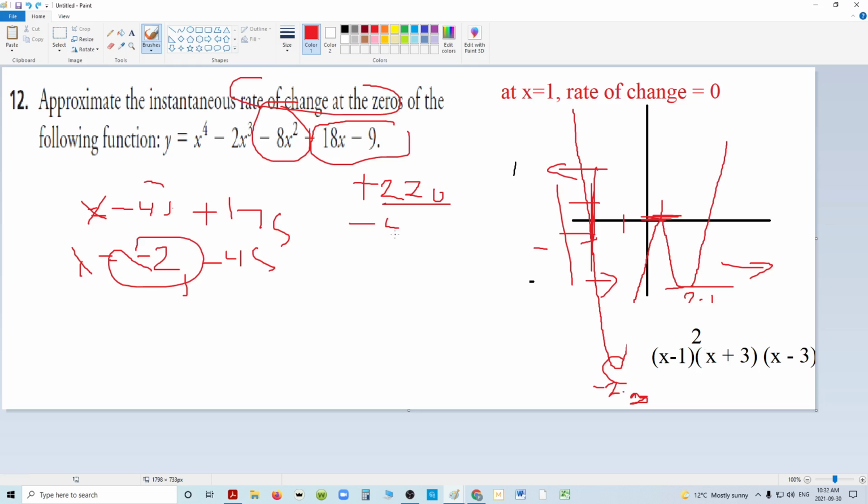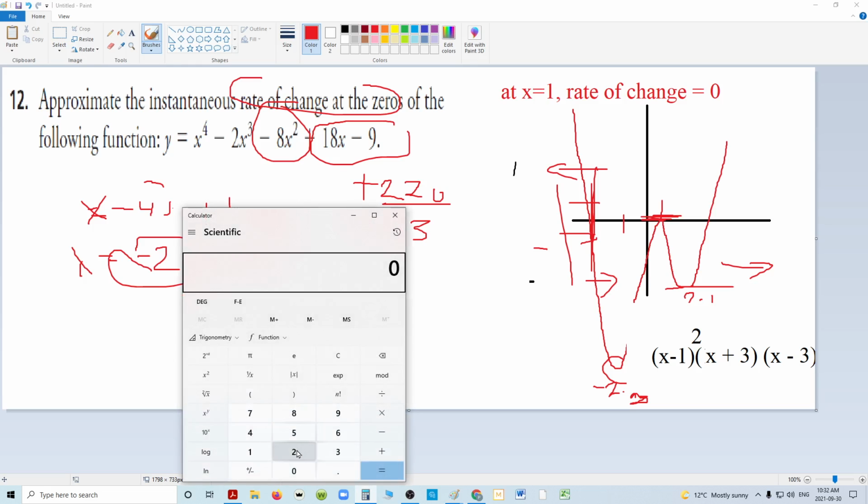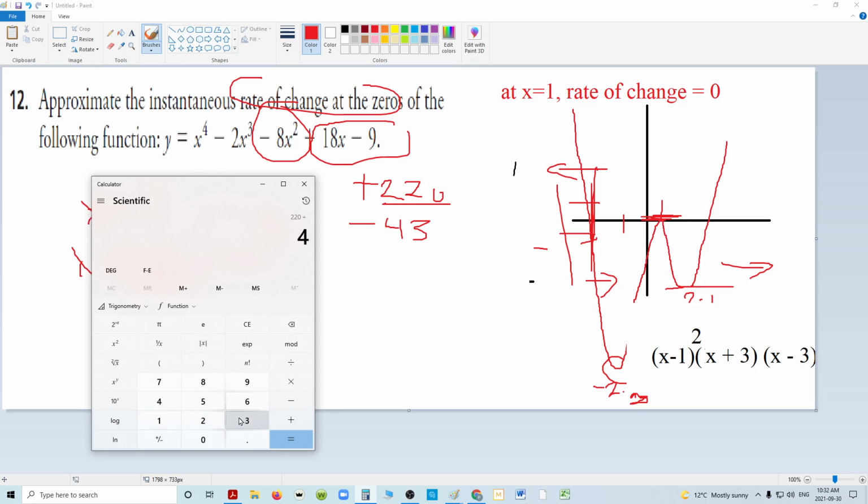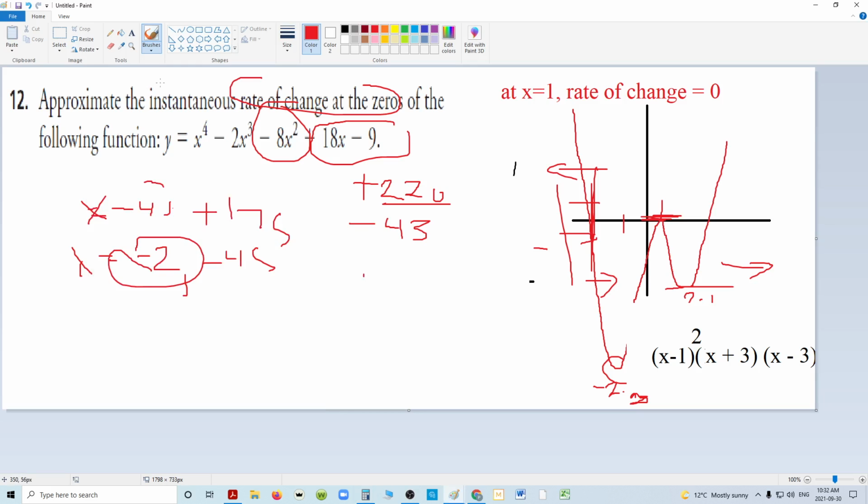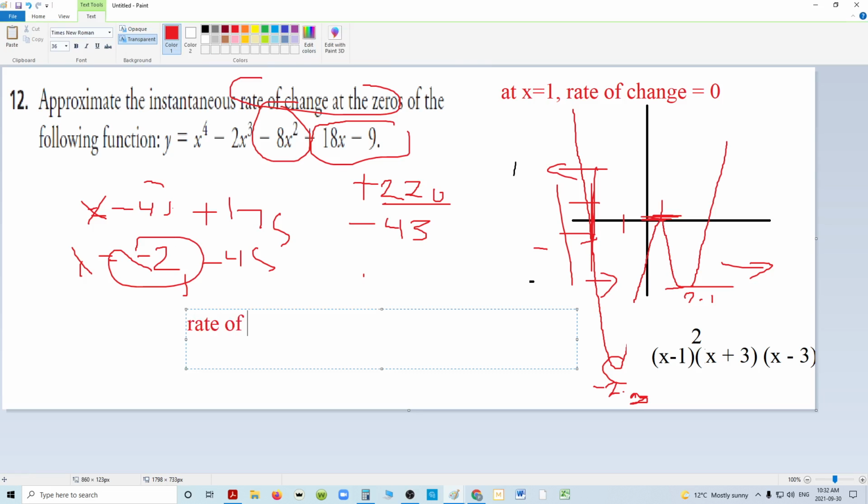It's minus 43. So right there I can estimate much faster that the slope is going to be negative 5.1. Big estimate, right? So the rate of change is equal to probably that, close to that.